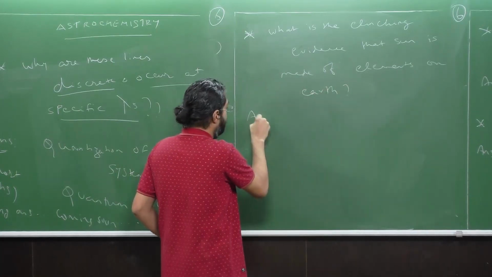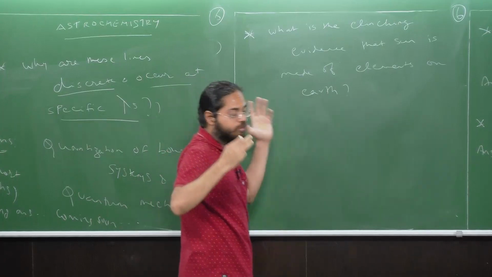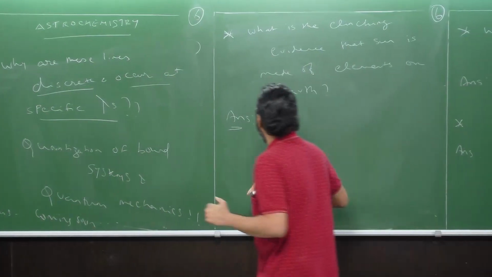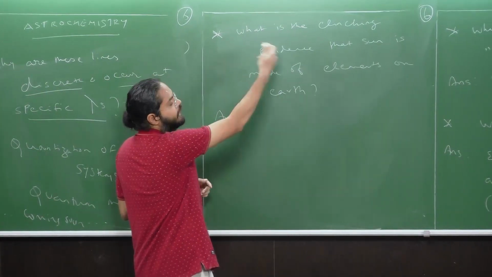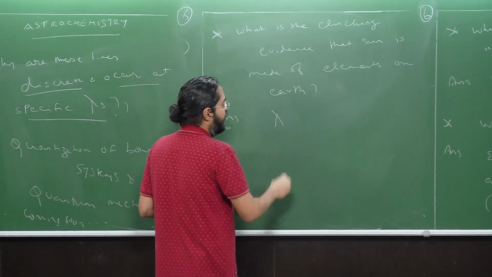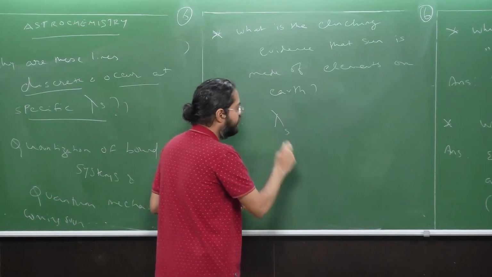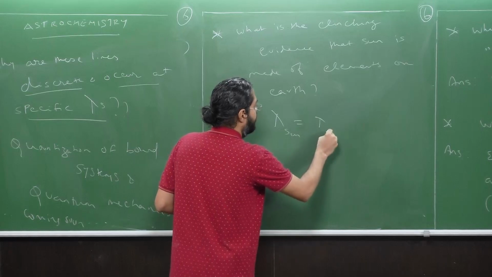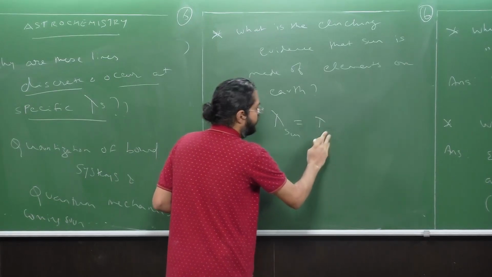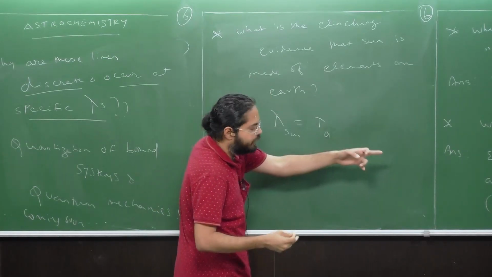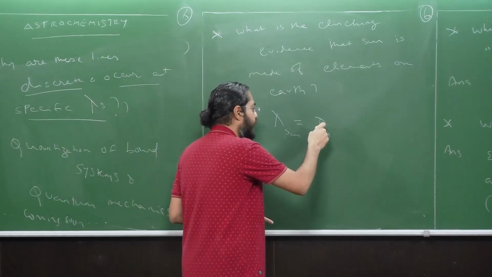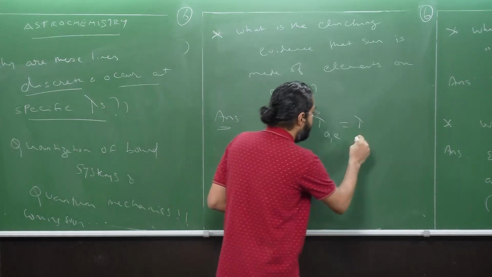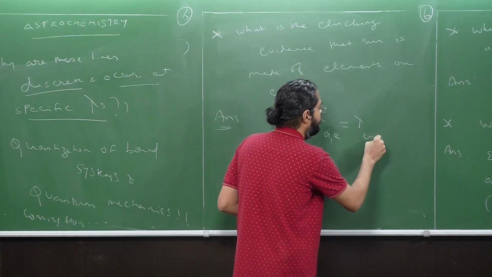The answer, in short: the long answer, of course, I've been giving you in the past 2 lectures. The short and crisp answer is that the wavelength of the dark absorption lines from the sun is the same as the wavelength of the absorption lines and the emission lines noticed on Earth.